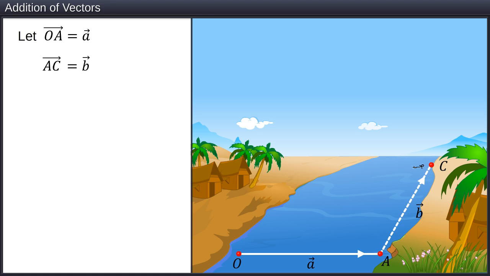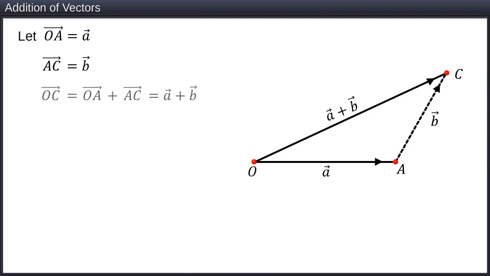The velocity with which the man swims from point O to point C is the sum of velocity vectors A and B. Complete the parallelogram OACB. Since OACB is a parallelogram, vector OB is equal to vector AC.